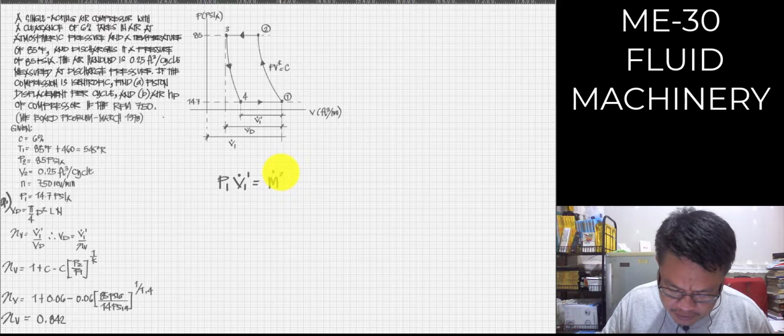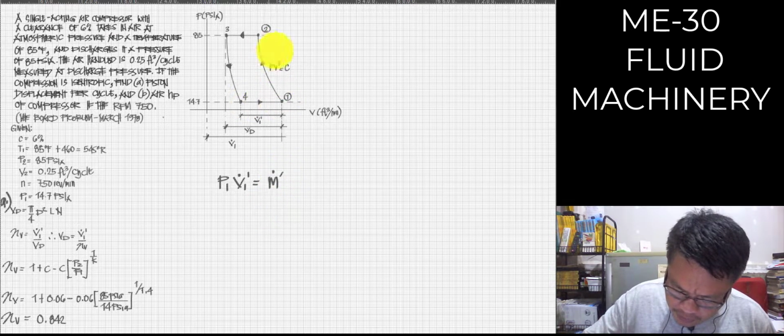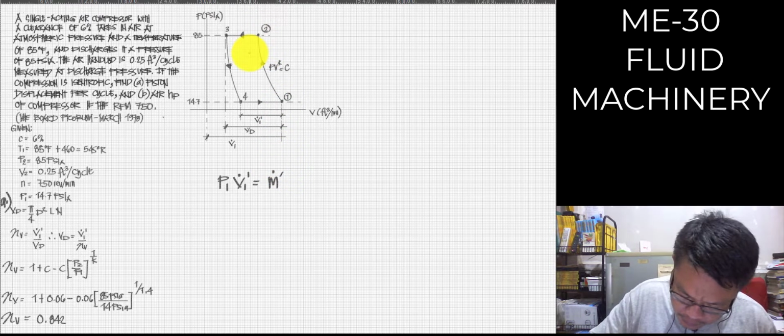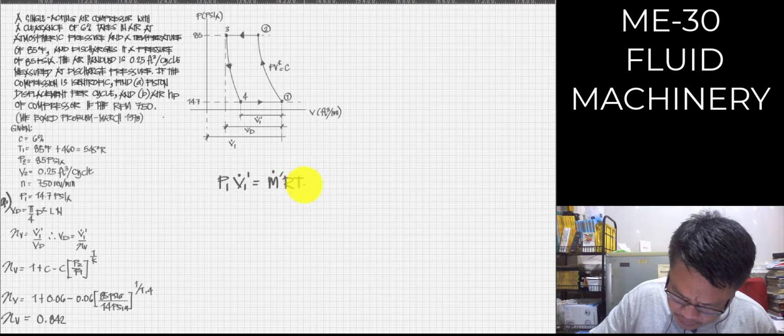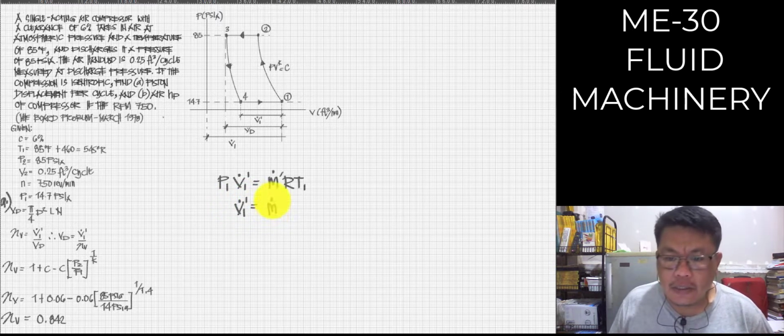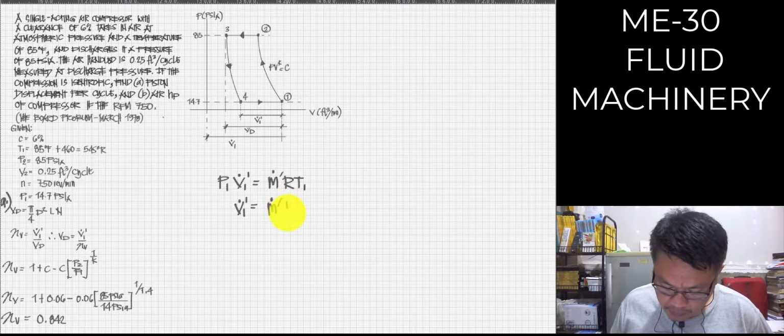Since our mass flow rates here are equal, by means of continuity from here going here, we have an equal mass flow rate and we don't have a change of mass. Then multiply this one by R, and we have T1. Okay, so to get V1 prime, we have the mass flow rate prime times R times T1, all divided by P1.